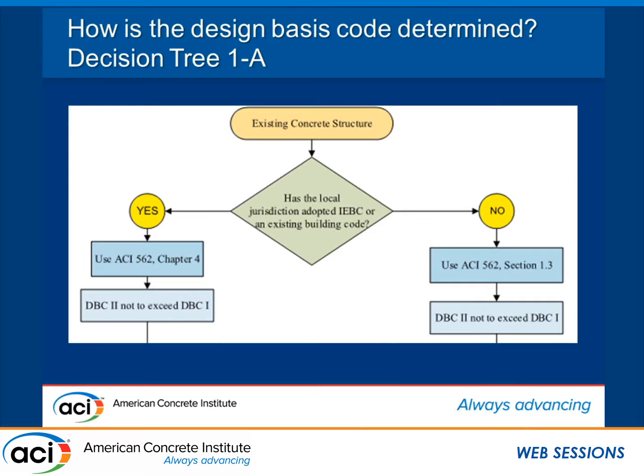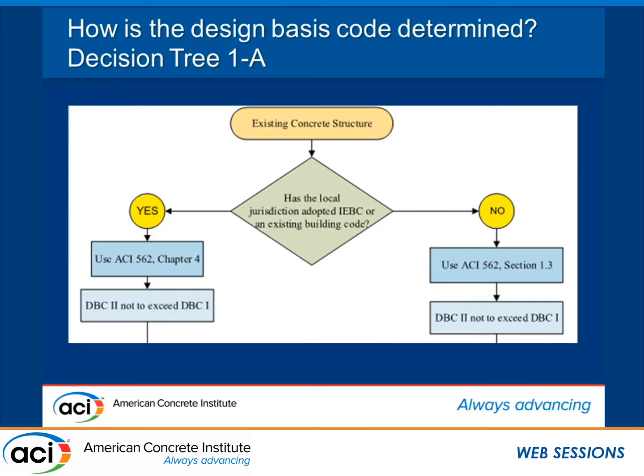If the answer to that is yes, you go down the left side of this decision tree and you start in using ACI 562 Chapter 4. If the answer to this is no, you go down the right side of the decision tree, use 562 Section 1.3.